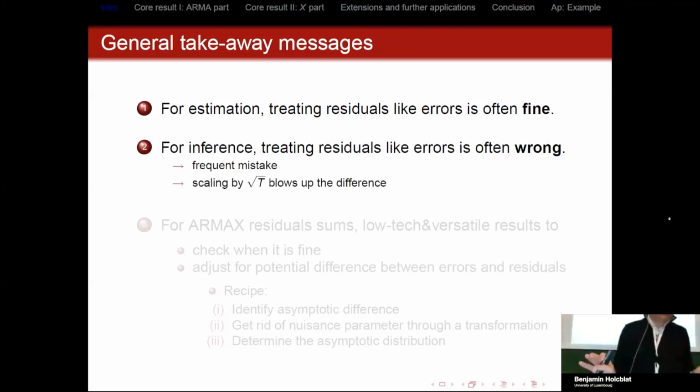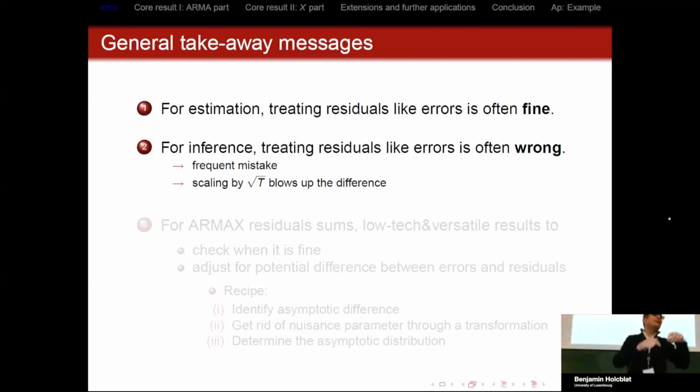The intuition is that when you move from estimation to testing, especially in the classical setting, when you are not as sophisticated as some people in this room, you basically move from the law of large numbers, or a refinement of it, to the central limit theorem.